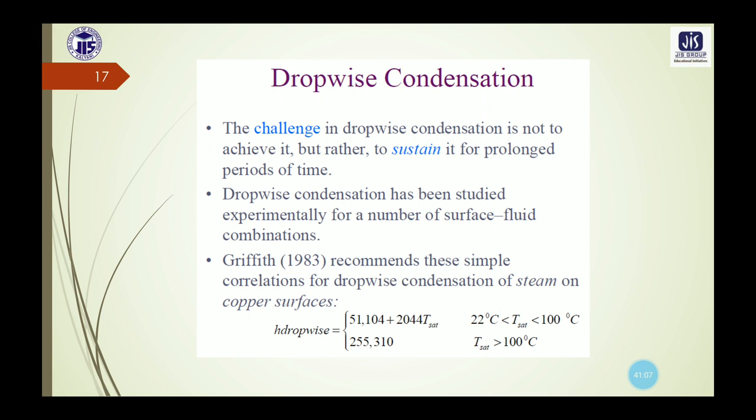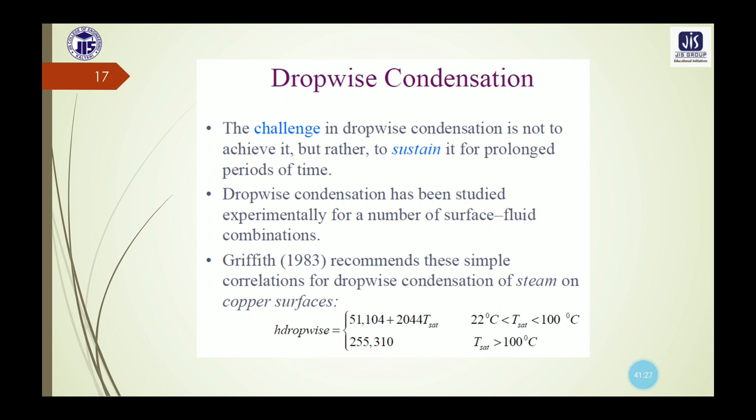So why is it difficult to sustain this dropwise condensation for a prolonged period of time? Because most surfaces become wetted after being exposed to condensing vapors over a period of time.